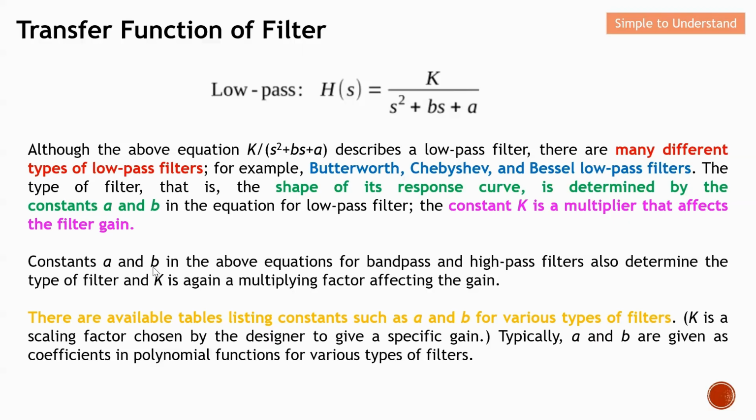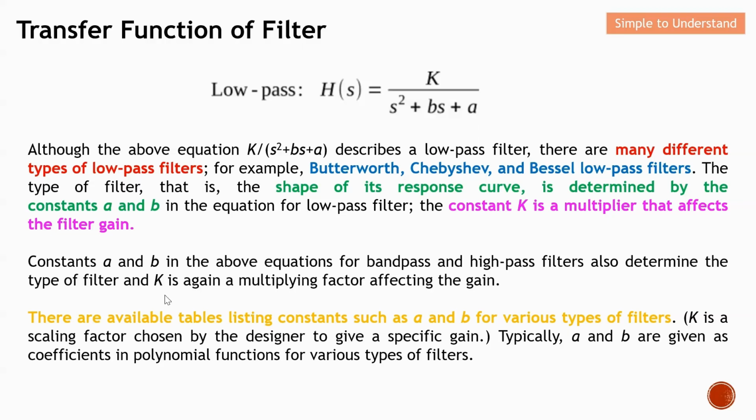The constants A and B in the above equations for band pass and high pass filters also determine the types of filter, and K again is a multiplying factor that affects the gain. So in short, low pass filter, high pass filter, and band pass filter are the same in this respect. The constants A and B determine what type of filter it is, and K determines what gain the filter has.